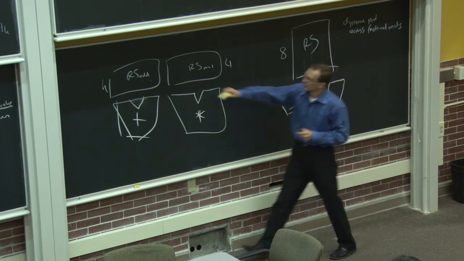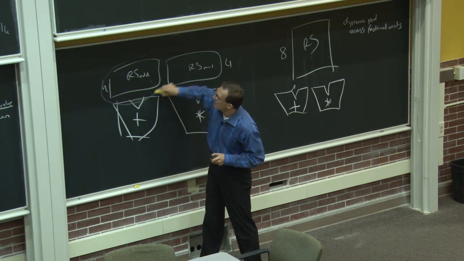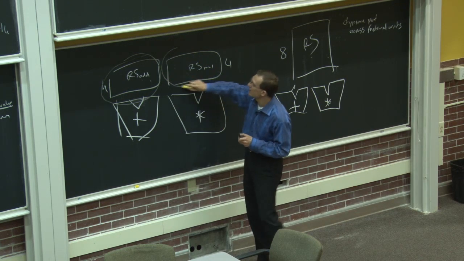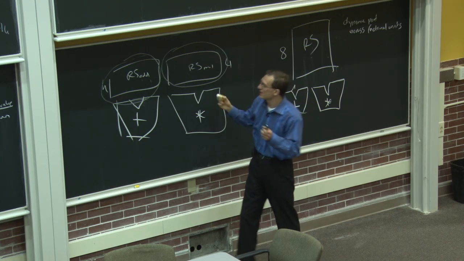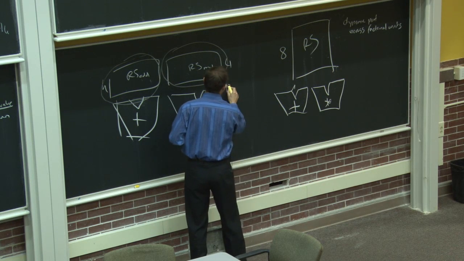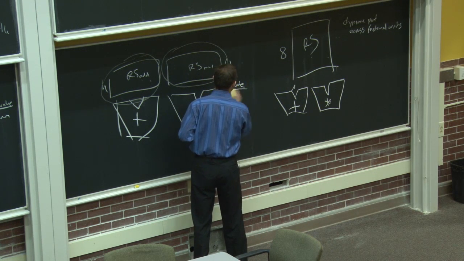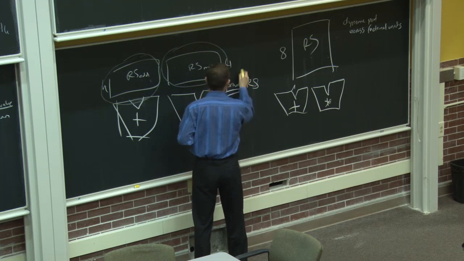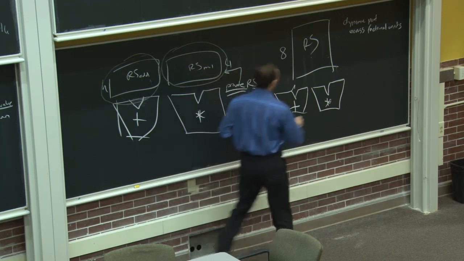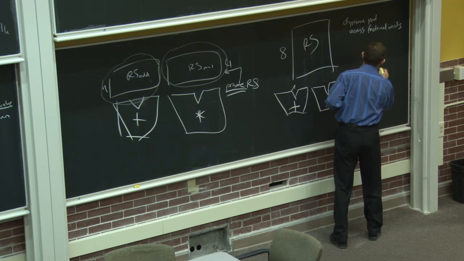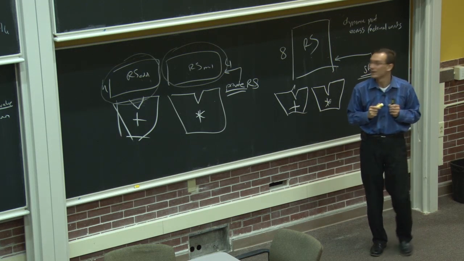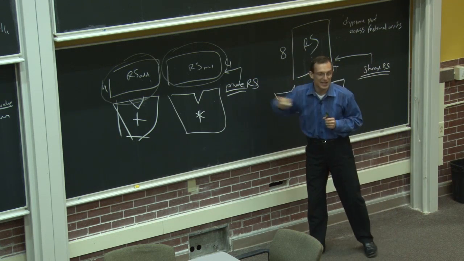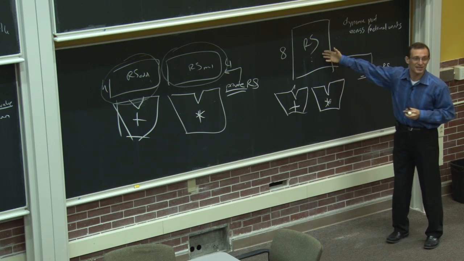Whereas here, some of the reservation stations can be empty, while you may need more entries in this reservation station. You can think of this as private reservation stations for each functional unit, or shared reservation stations across functional units, right? So anytime you have this private versus shared distinction, you have this issue of dynamic versus static partitioning.